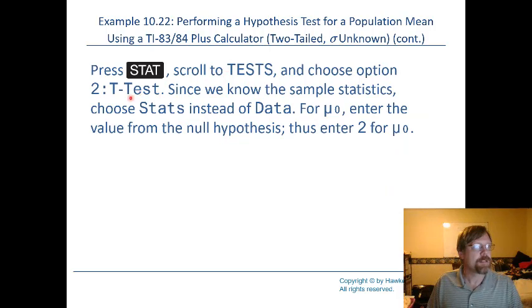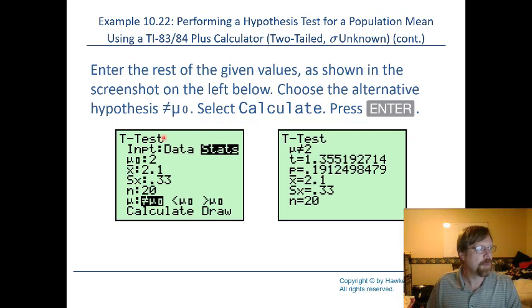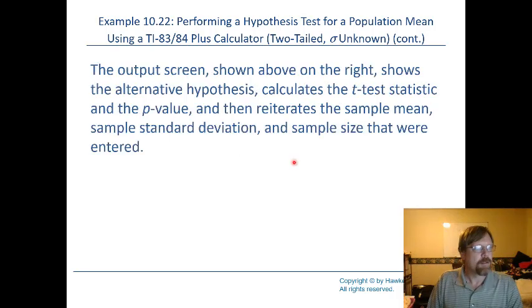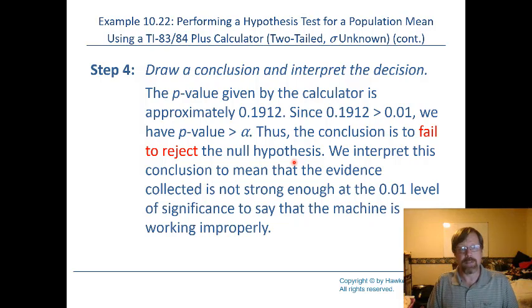Again, we go to the t-test in the calculator, select stats, telling it that we're giving it the values instead of entering the raw data. Enter the mean for our null hypothesis, sample mean, sample standard deviation, sample size, tell it we're doing a not equal to, have it calculate, and we get a p-value of 0.19. And 0.19 is greater than 0.01, so our p-value is greater than alpha, so we fail to reject the null hypothesis.